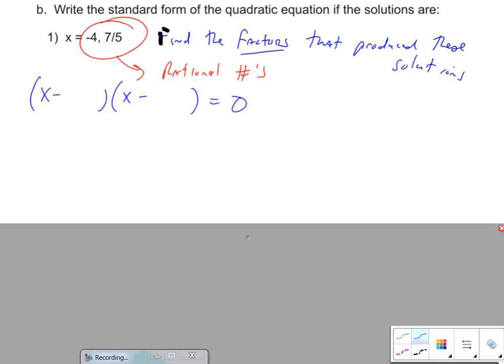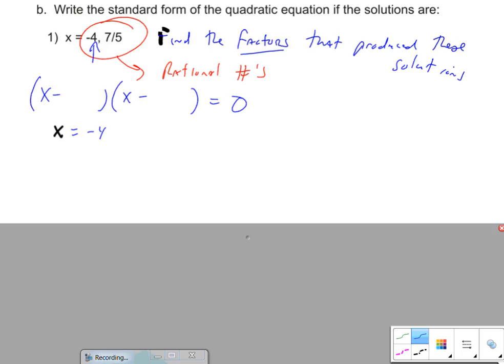So let's go to our solution. x equals negative 4. I took the first one. x equals negative 4, and let's make this fit x equals 0. I'm trying to get to x equals 0.